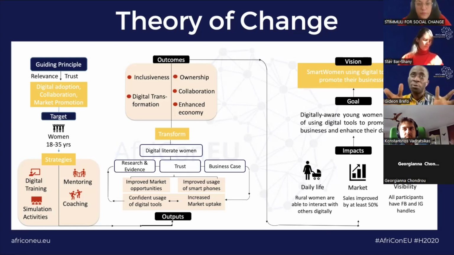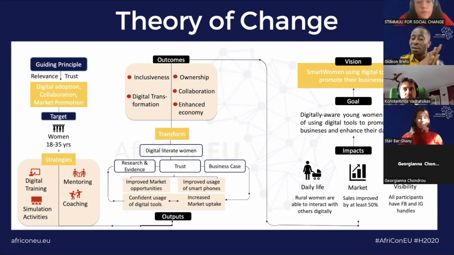So if they will be able to interact with others, then one of the things that we set off to do was to help them identify all the securities around social media tools like WhatsApp, to be able to create their Instagram accounts, Facebook accounts, and see how they can manage them. And then we also were looking at how they can use that to scale their businesses in terms of improving on their sales. And we were looking at a 50% increment.